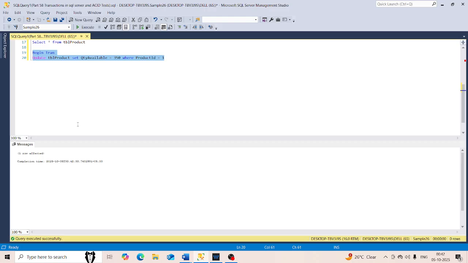We have not committed this transaction or rolled it back. So this transaction is still being processed.